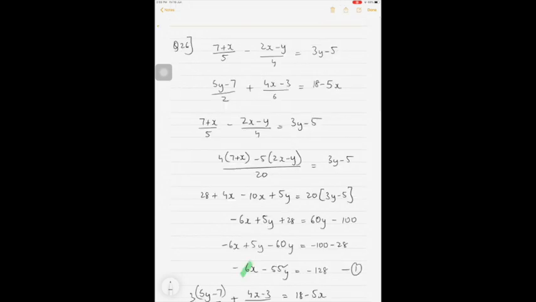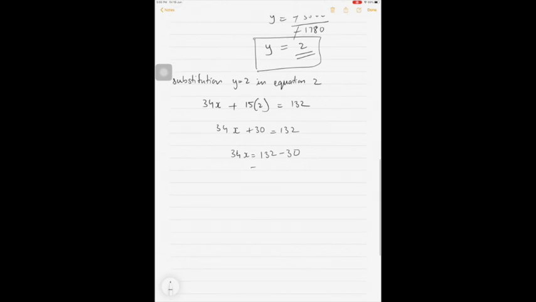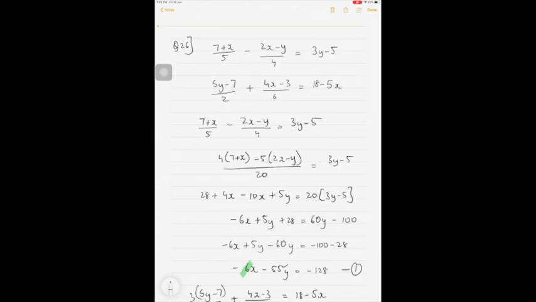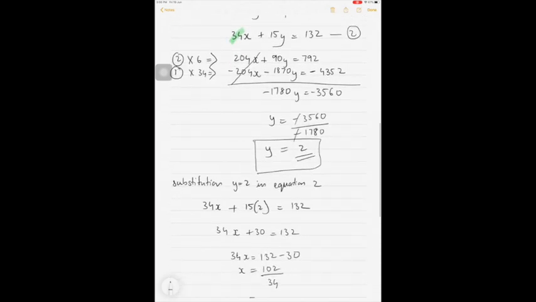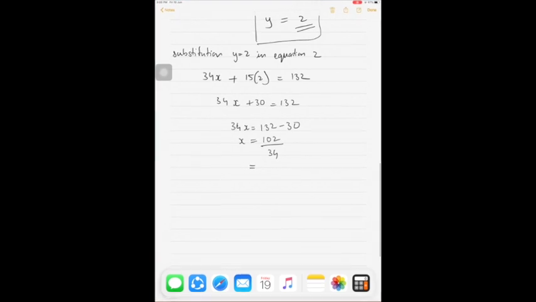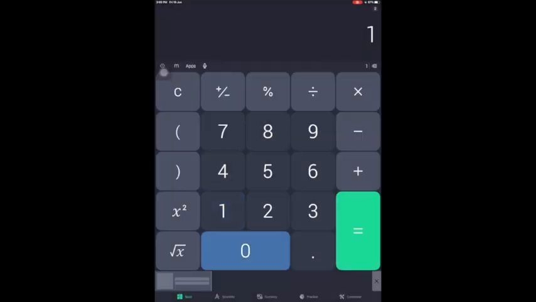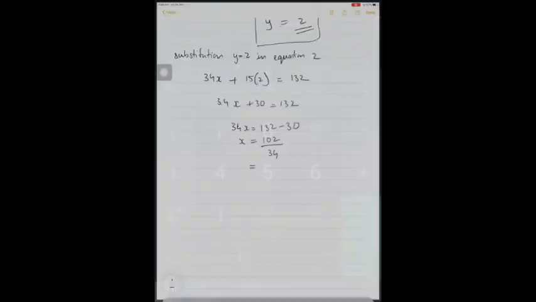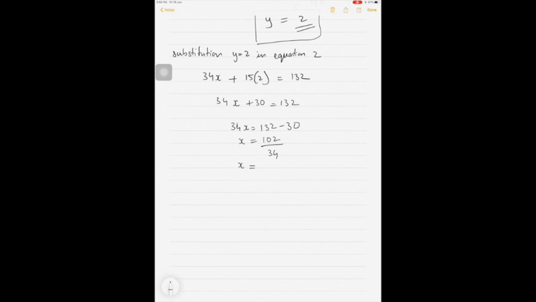34x is equal to 132 minus 30, which is 102. x is equal to 102 upon 34. So 102 upon 34 is equal to 3.